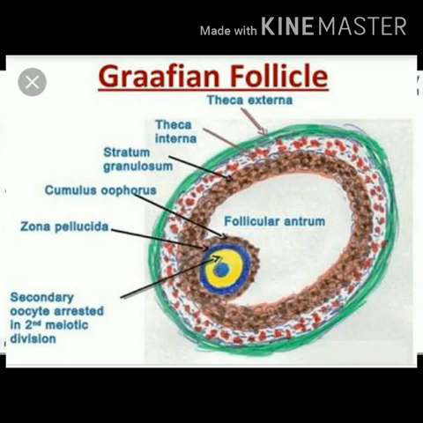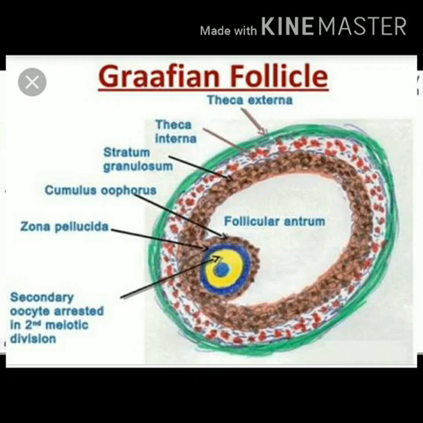Each primary follicle has multilayered cuboidal follicular cells. These cells add theca. Theca means covering, outer layer and inner layer. This theca is over the follicle. There are two types of theca in the mature Graafian follicle, that is theca externa, which is the outer one, and theca interna, which is the inner one.